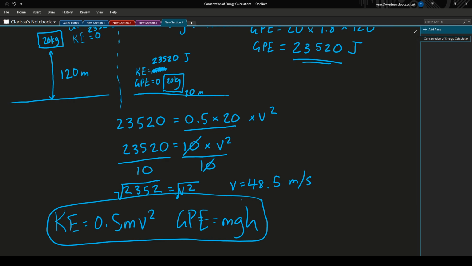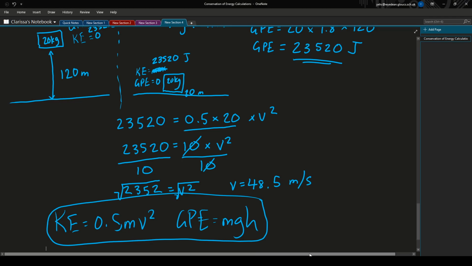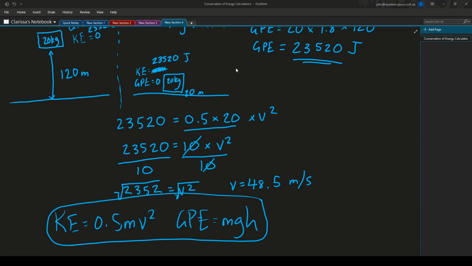But you guys have done it, so really, really well done. It is just about the understanding that the different energies, even though they're different energy stores, are still linked together by the law of conservation of energy. That is the key. And as long as you understand that the different energy stores are linked, you will be golden.